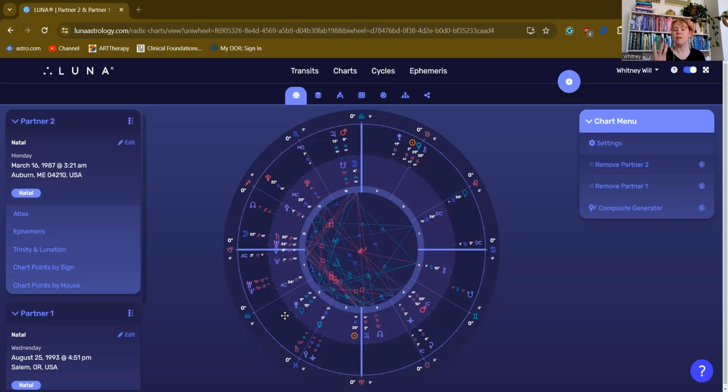So we see these relationships as permanent transits. And so when we look at relationships in that way, we can see where the gifts are and where the challenges might be in comparing those two charts.